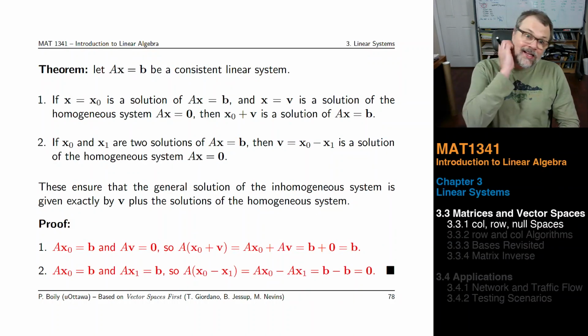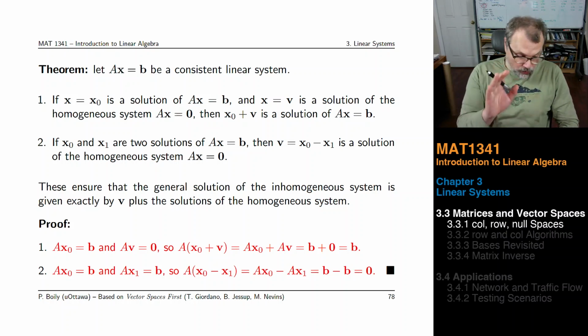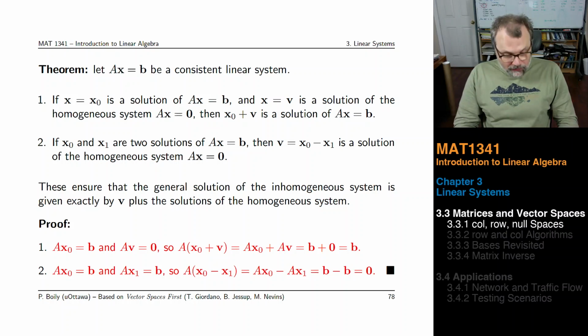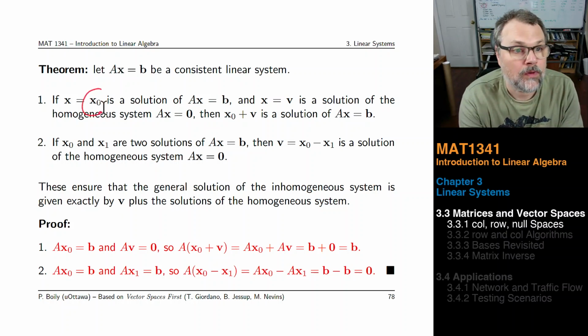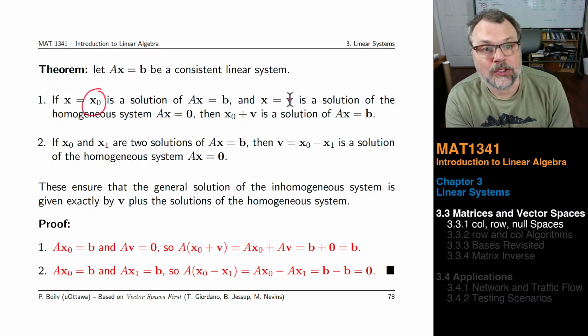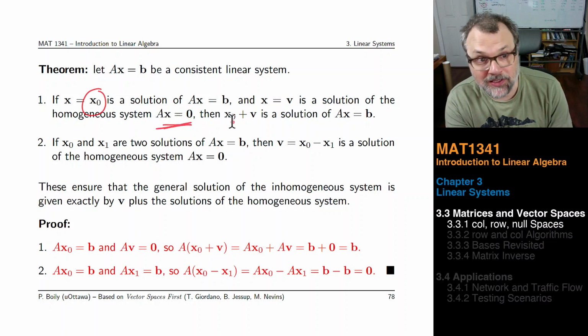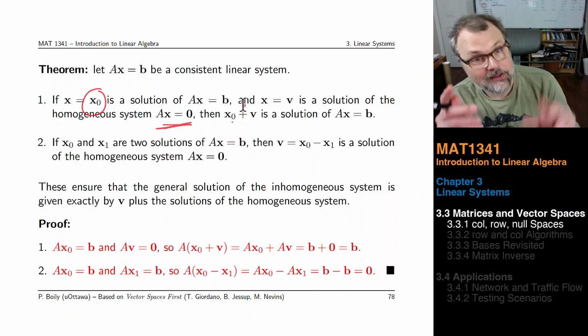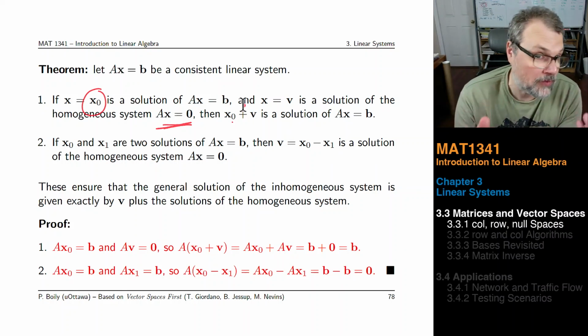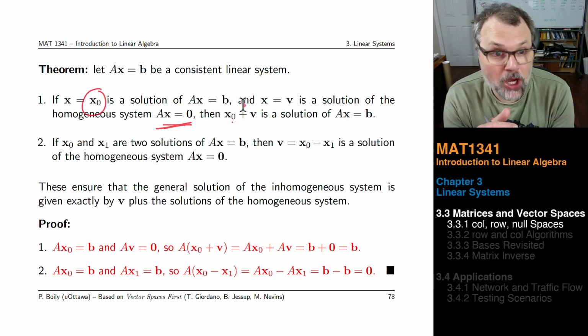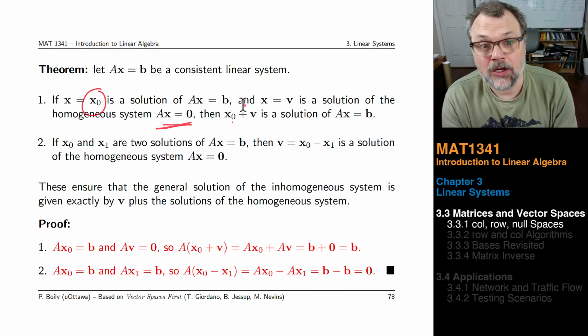So let's say you had a system Ax equals b which was consistent, so you at least have one solution. If you have a particular solution x0, and v is a solution of the homogeneous system, then x0 plus v is a solution of the inhomogeneous system.